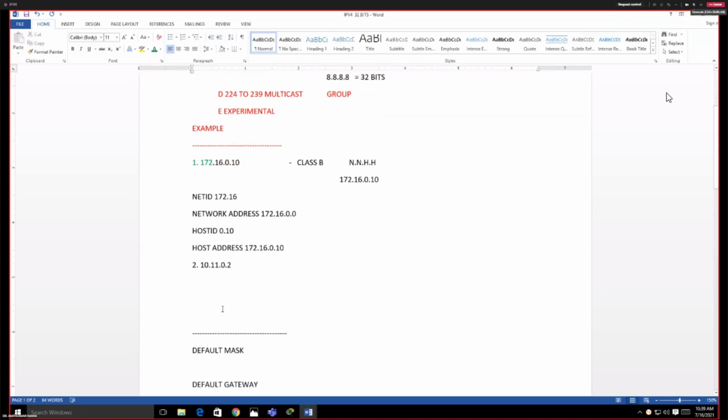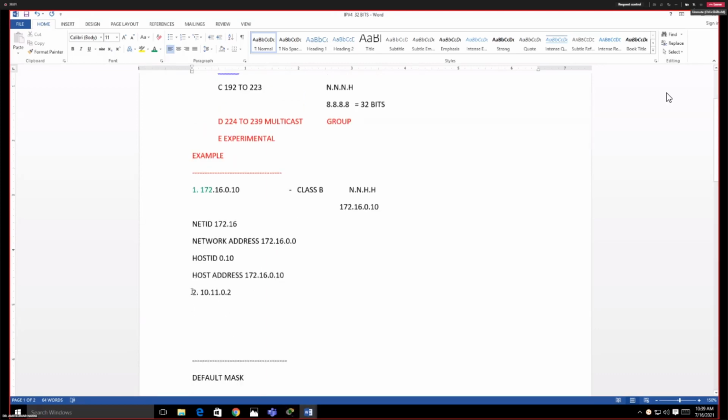Please keep the notebook and pen with you. Now for IP address number 2, you have to find these values, like the values which you identified for the class B IP address which we discussed earlier.